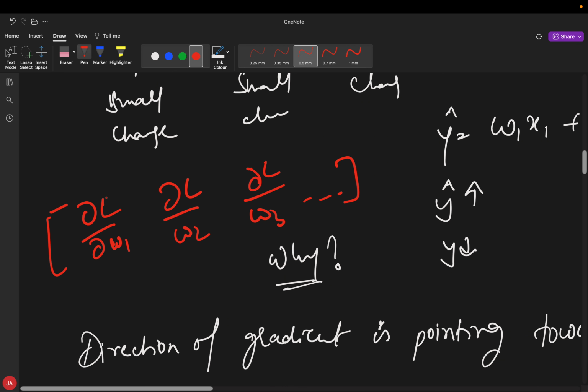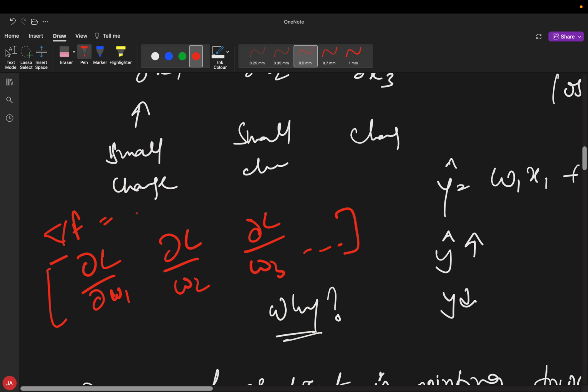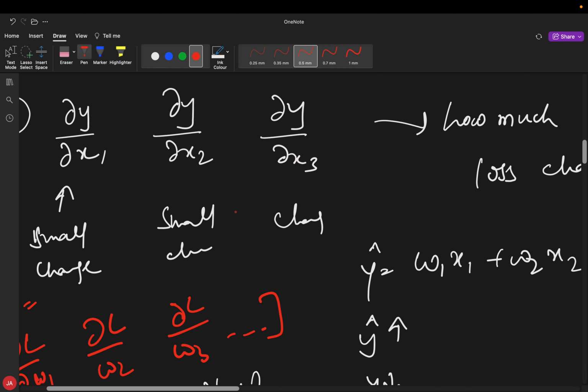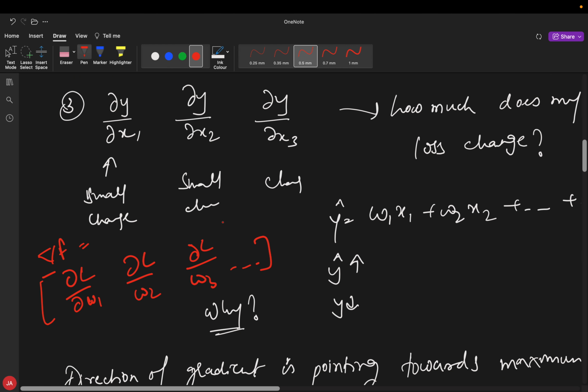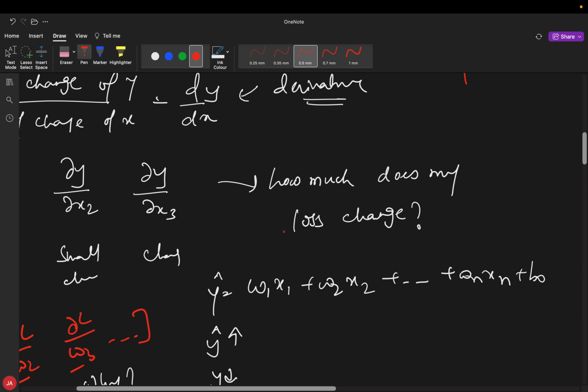This becomes my gradient vector. Then I'll make small changes in the direction of the gradient and check whether my overall loss is decreasing or not, right?